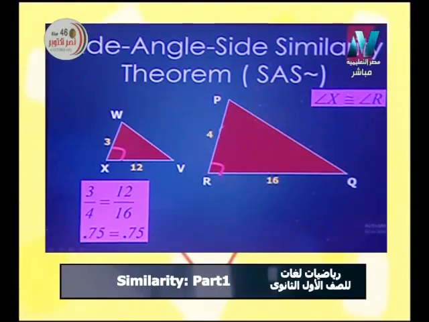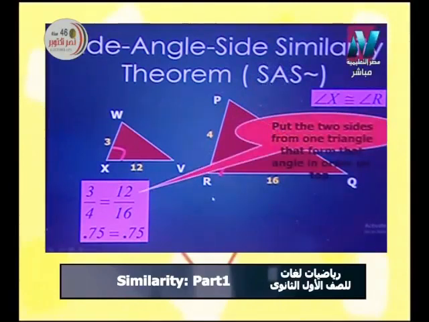That's the secret of SAS, side angle side. The angle here is included by the two sides which are proportional. So if we say, for example, measure angle X doesn't equal measure angle R, but measure angle W equals measure angle P, the triangles will not be similar, because the condition is that the angle must be the included angle between the two sides.